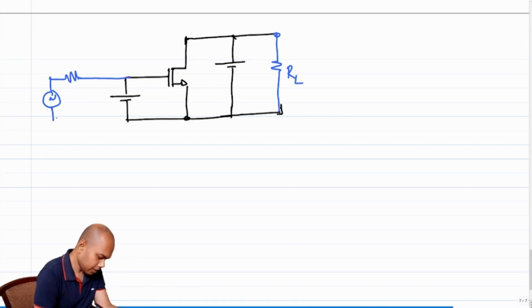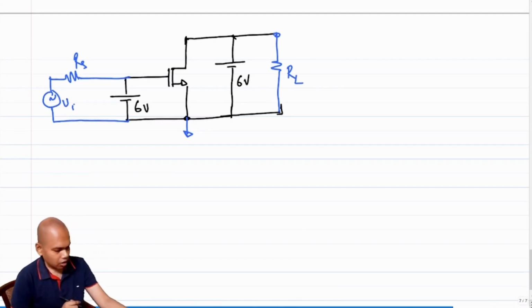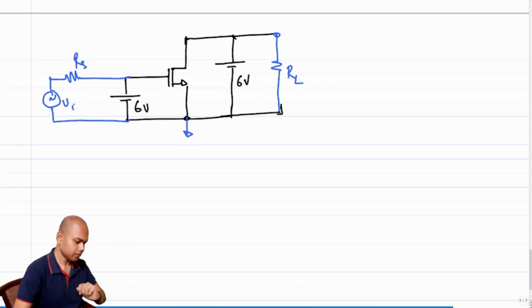So if I connect my input, let's say like this, Vi, RS, this is 6 volt, this is 6 volt. Will this work?